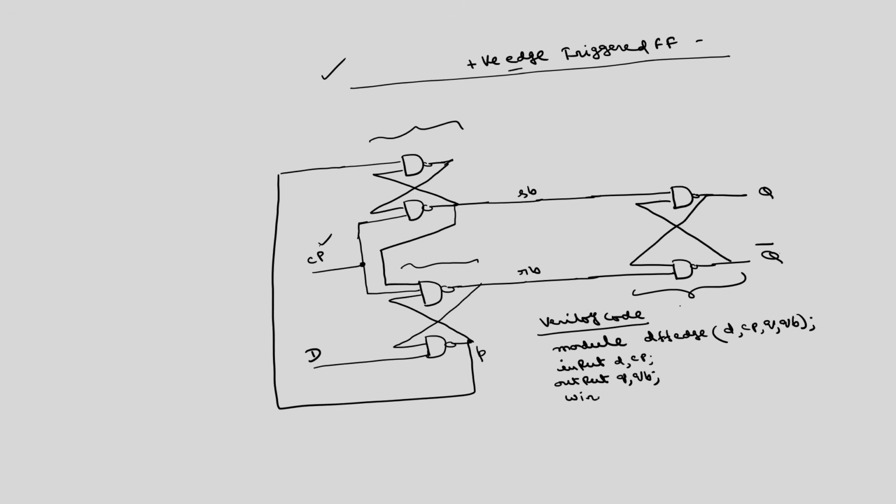Wire P, SB, RB. Then you have to instantiate 3 times. So, I will call this one as flip flop 1, flip flop 2. Of course, this is not exactly same as flip flop 1, flip flop 2. I will call as flip flop 3. I will discuss how this can be derived from the other 2 flip flops.